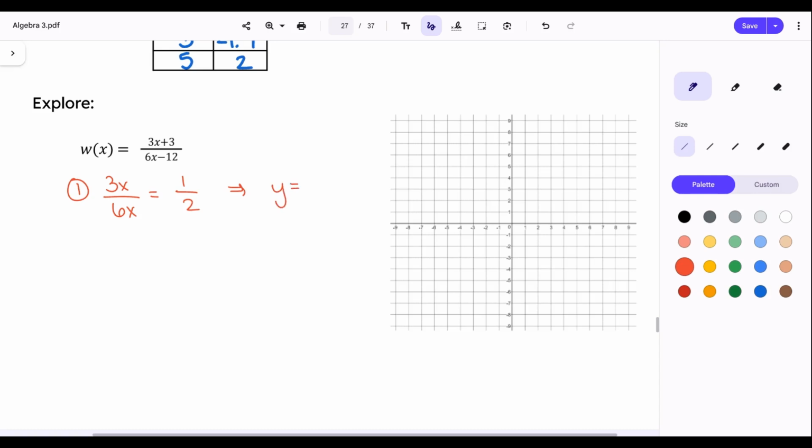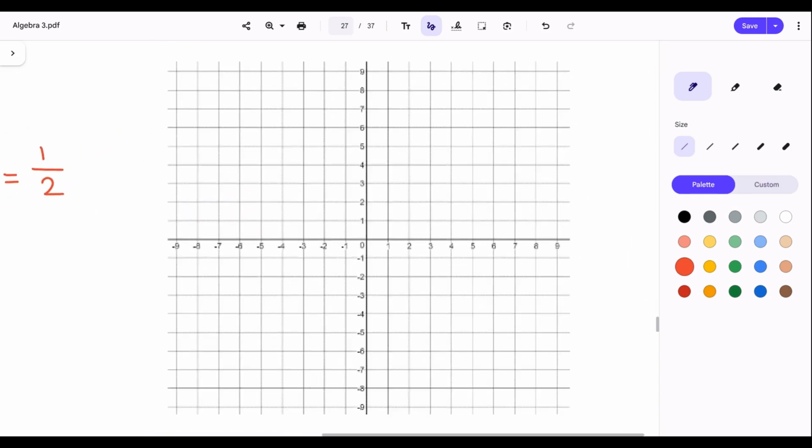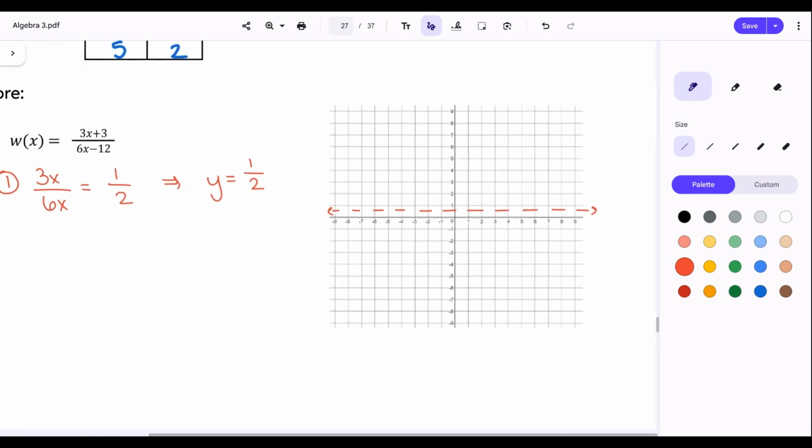So we're going to have a horizontal line at y equals positive 1/2. Again, it's a decimal, so you'll have to just guess where you think that is on your graph. So I'm going to come over here, go up 1/2, and draw a horizontal line.